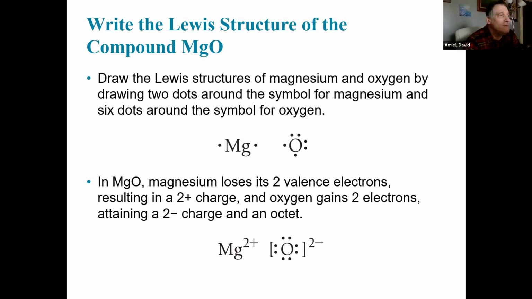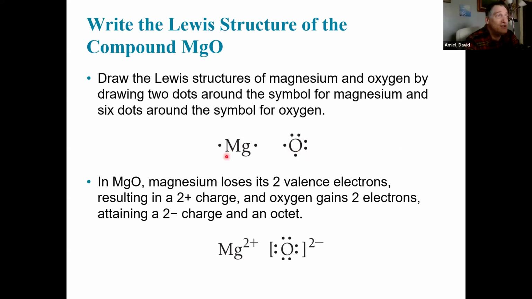Here's another example. Mg, 2 valence electrons, oxygen, 6 valence electrons. And we see what's going to happen. Magnesium is going to donate both of its valence electrons to give oxygen an octet.